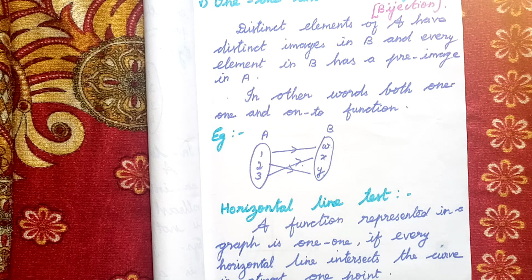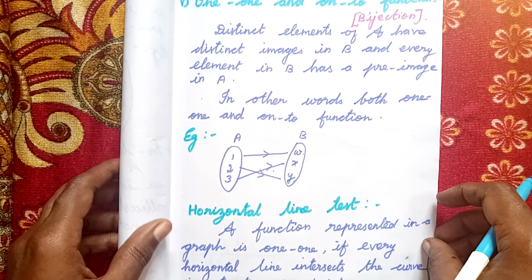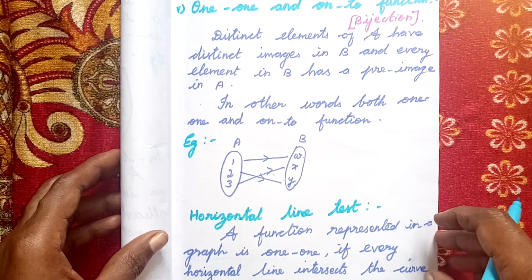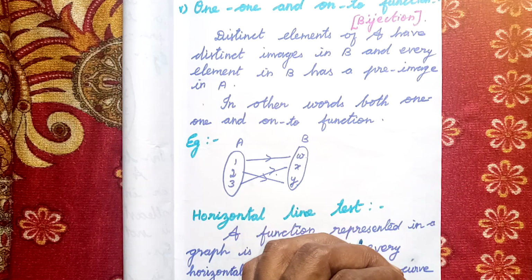Next, what is a many-one function? More than one element in A has the same image in B. Next, what is an into function?